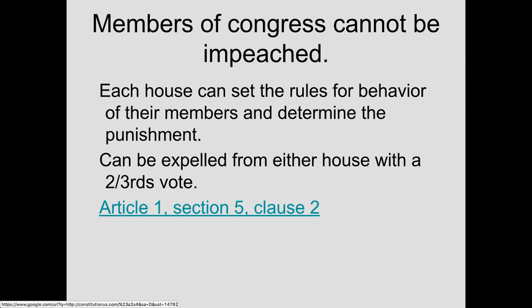But it takes a 2/3 vote to expel. So basically, the House can set up their own rules, and if you violate those rules, they can determine what your punishment will be. And the same thing goes with the Senate. But the Constitution does not allow senators or representatives to be impeached. It would be really a conflict of interest since they both play a role in impeachment.